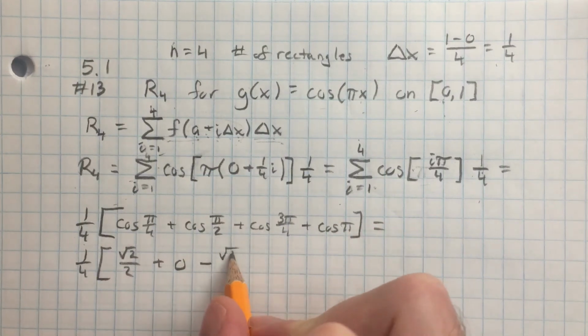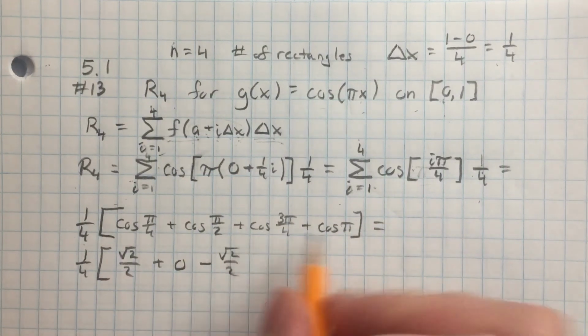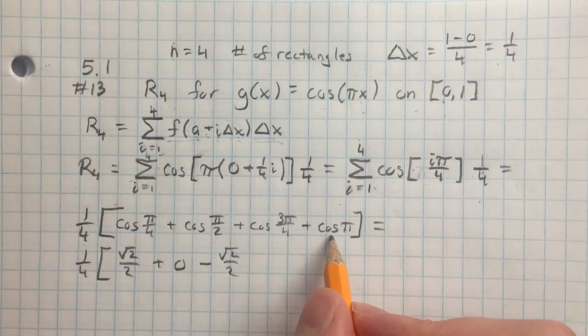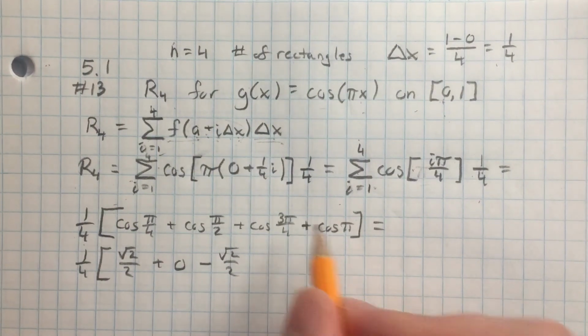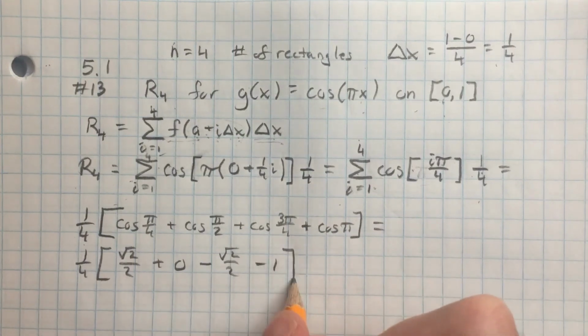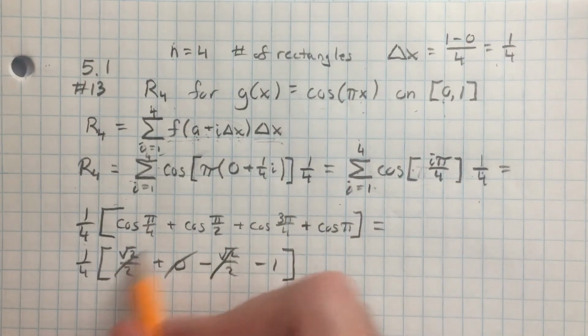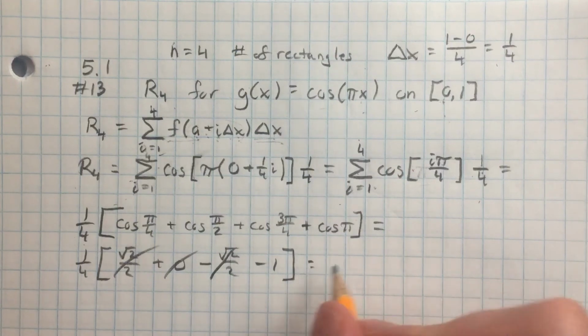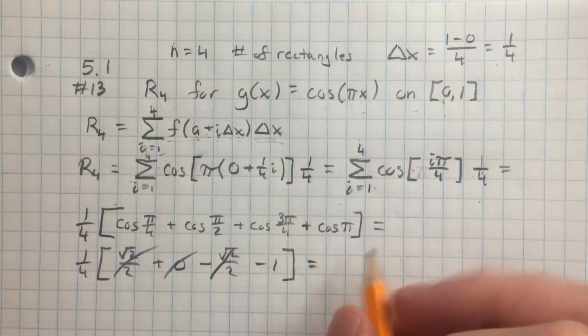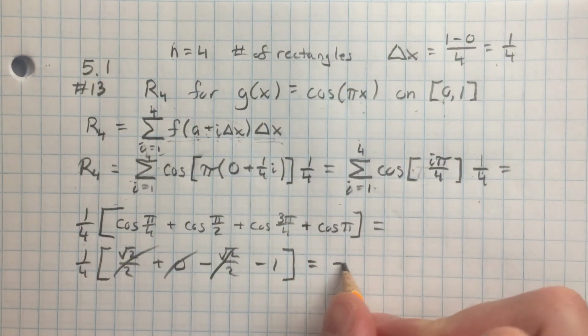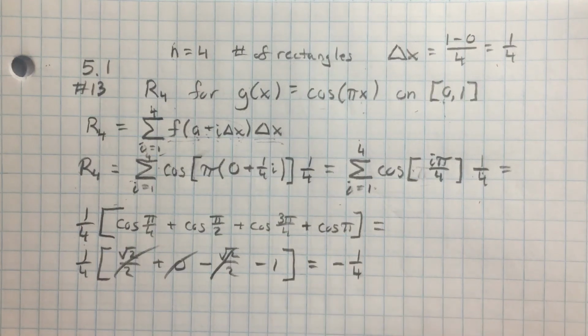So minus root 2 on 2 for the third one. And the fourth one, cos of pi, is negative 1. These two cancel, and that's nothing. So we get negative 1, so negative 1/4 is our approximation.